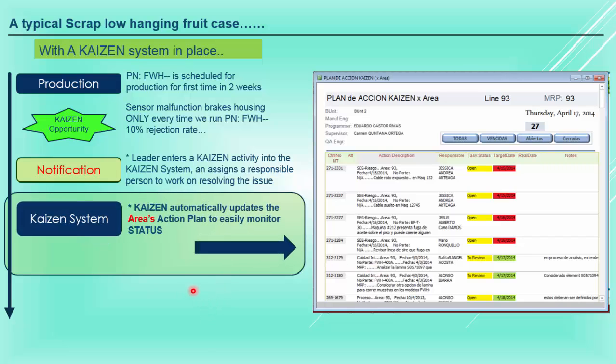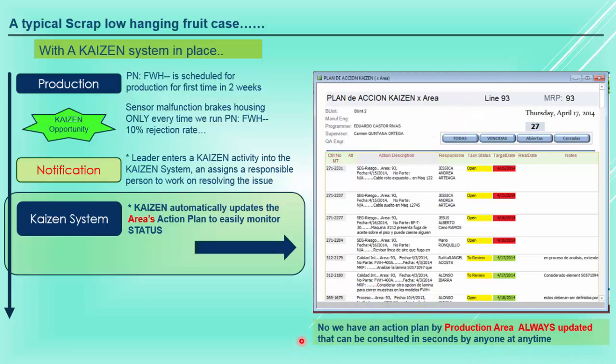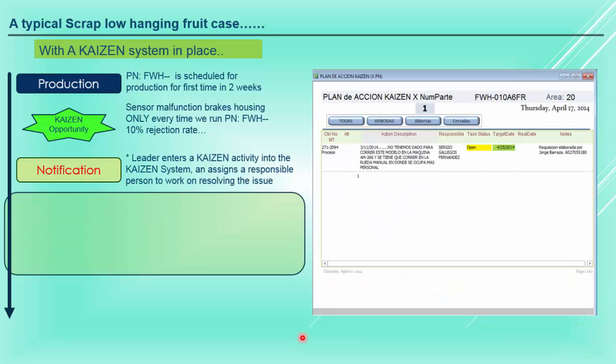The system then automatically updates the production area checklist. And now we have an action plan that is automatically updated and that can be consulted in seconds by anyone at any time.